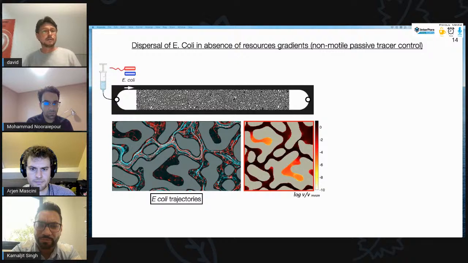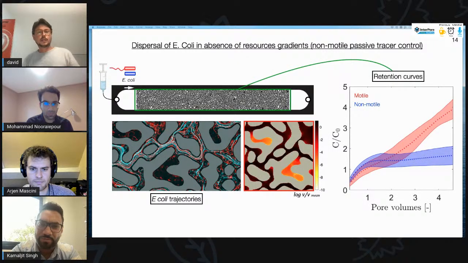Over 2 hours of experiment, we recorded the microbial abundance through the system, and we saw that the motile population got retained around 4 times more than the non-motile cells. We basically use the non-motile cells as a passive tracer control.